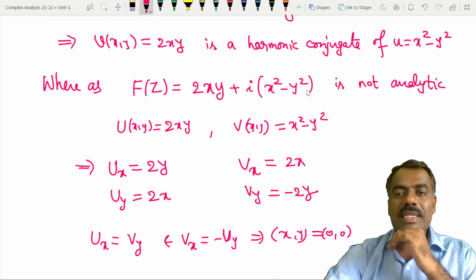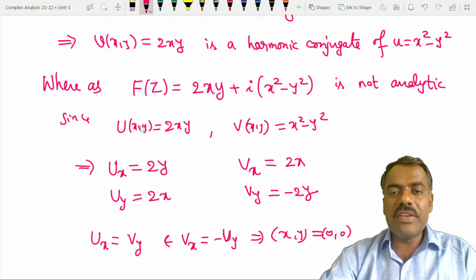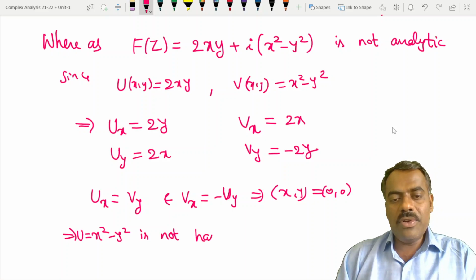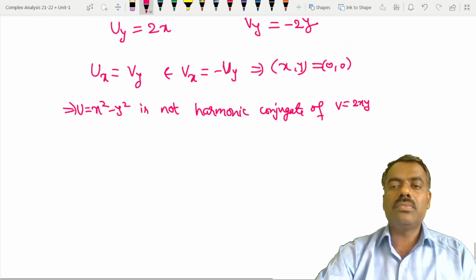Therefore, x² − y², which we call capital U, is not a harmonic conjugate of v, which is 2xy. Clear?